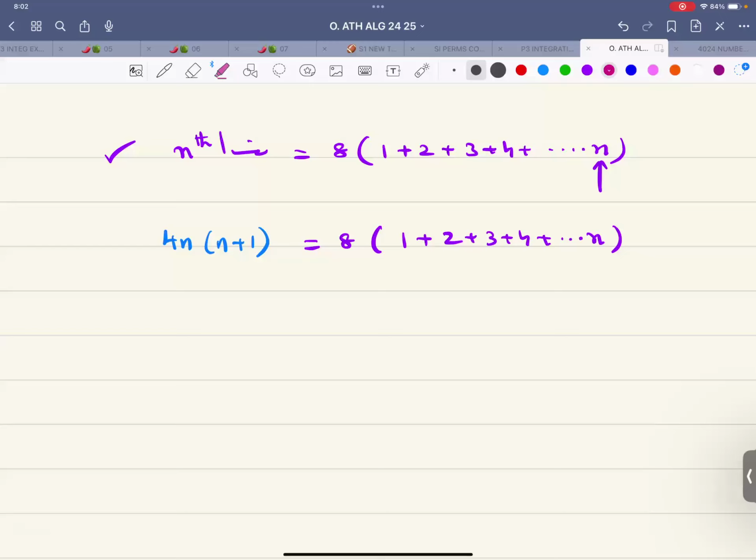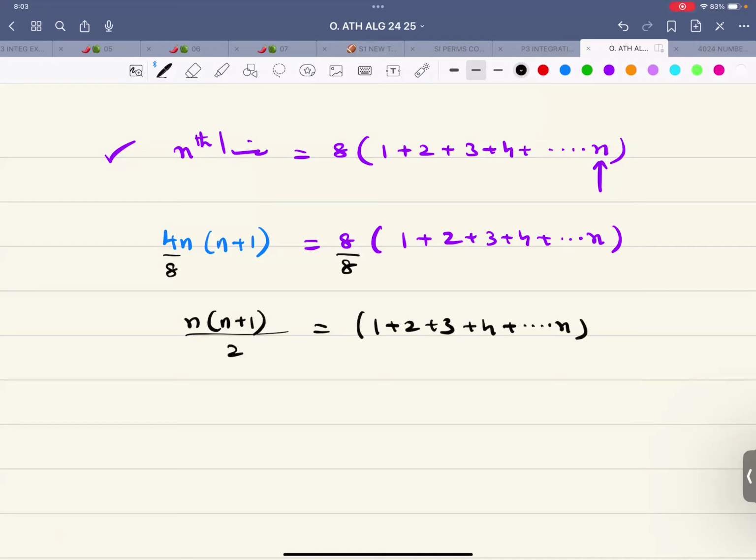If I equate it, let's divide both sides by 8. When I divide both sides by 8, this is n plus 1 over 2, and this is 1 plus 2 plus 3 plus 4 dot dot dot all the way till n. And hence I have proven it. QED. That's quite easily done.